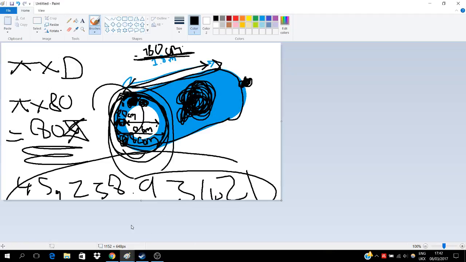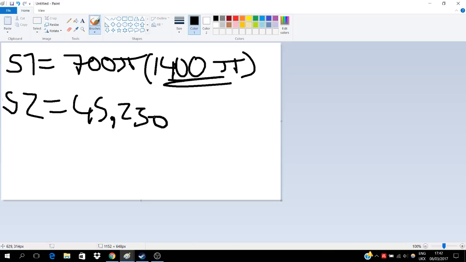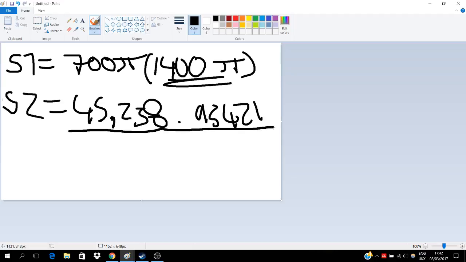Remember that. So surface 2 equals 45,238.93421. Now all we need to do is add 45,238.93421 plus 1400 pi.